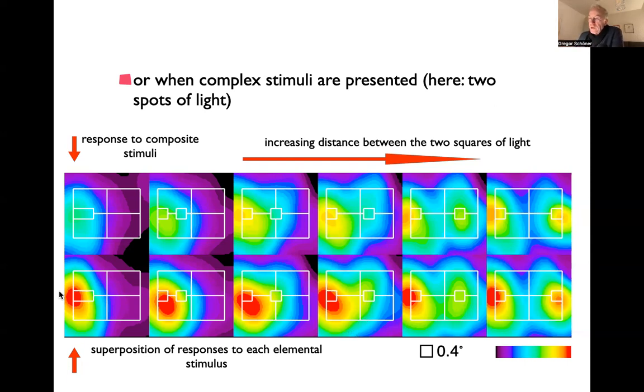This is, of course, not very good when they are very strongly overlapping, like here, because then the two populations will be strongly overlapping. So they reach firing rates that are way beyond what you see in the individual case. But here they're not overlapping. The individual distributions are very, very much like you see here.